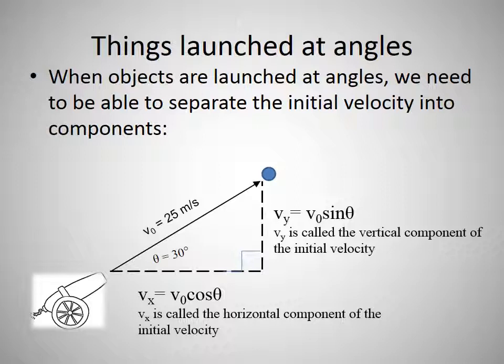So for the horizontal parts, think cosine, for the vertical parts, think sine, and either way you're multiplying those trig functions times the initial velocity straight out the cannon. Then we can use these as the initial velocity in the previously mentioned equations that we already know. More on this in class, because that probably looks confusing.